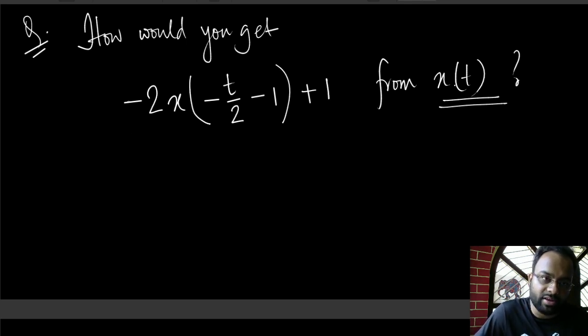So we have x of t given, for example, and I want to figure out what is the nature of minus 2 x of minus t by 2 plus 1, minus 1 plus 1. And again, you would have to follow a certain order to achieve this. So tell me.